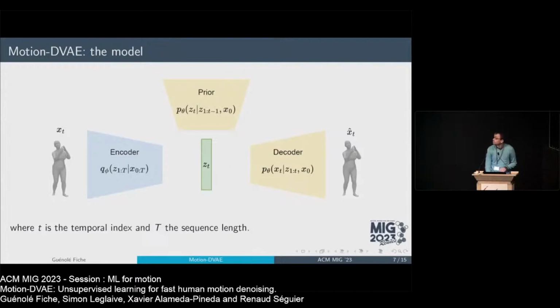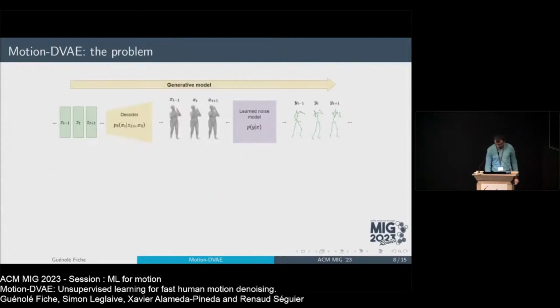So now we want to use this prior we have about motion to denoise observation. We think that the observations are generated with this process. So we have a clean motion, which could have been generated from a latent sequence.